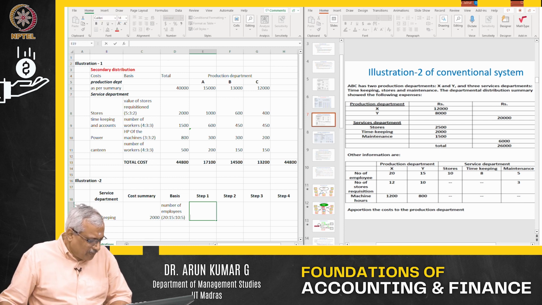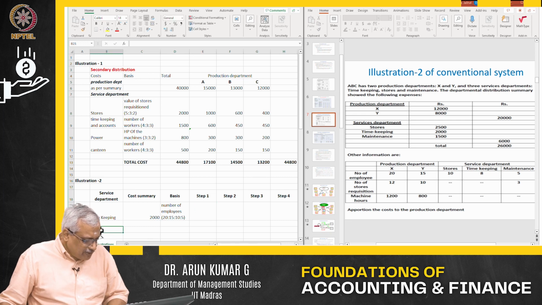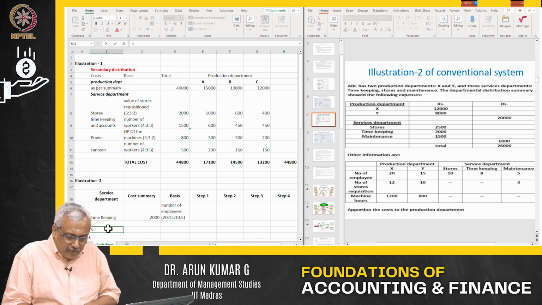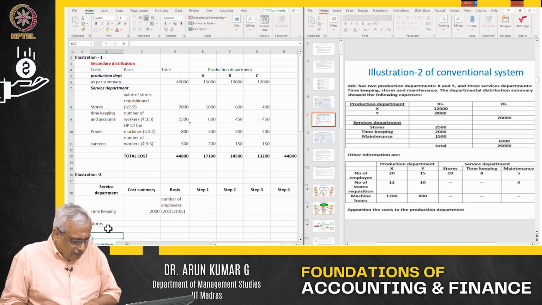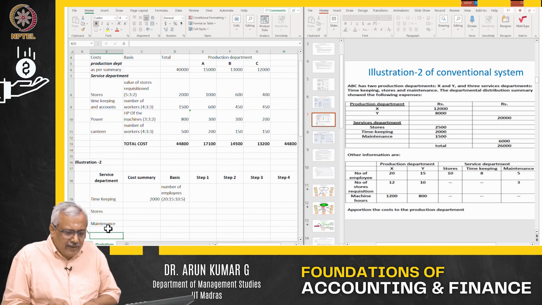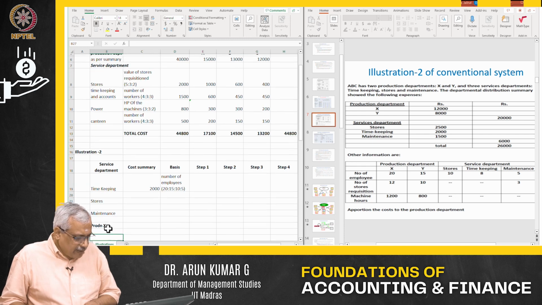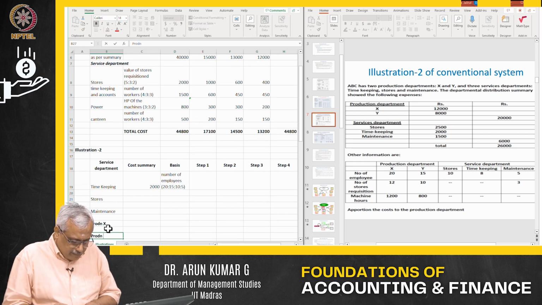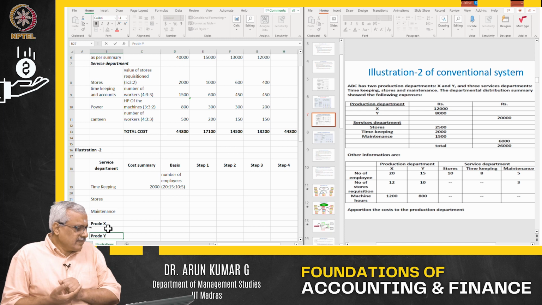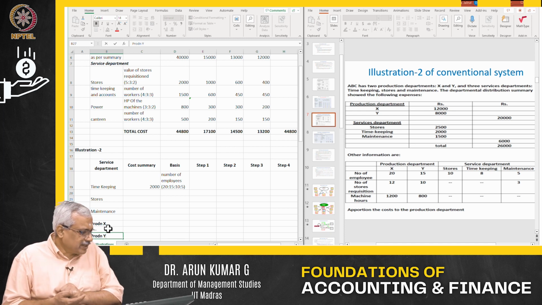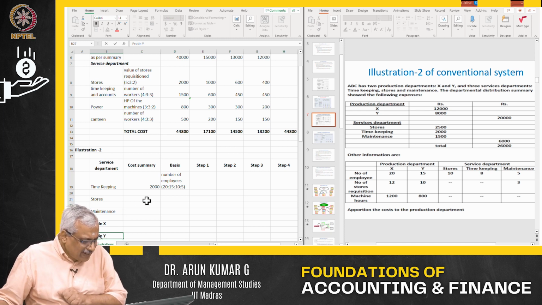So, let me write down the other service departments. The other service department is stores. The next service department is stores, as we can see, and the third service department I am going to write about is maintenance, and then I will have production department X, and then production department Y, and each has a cost already.